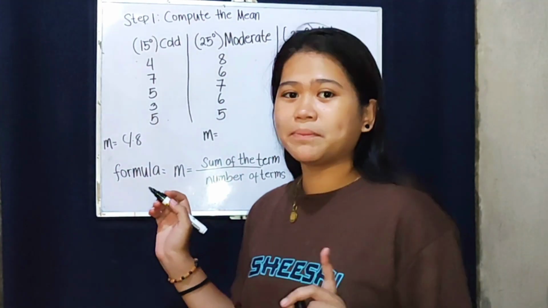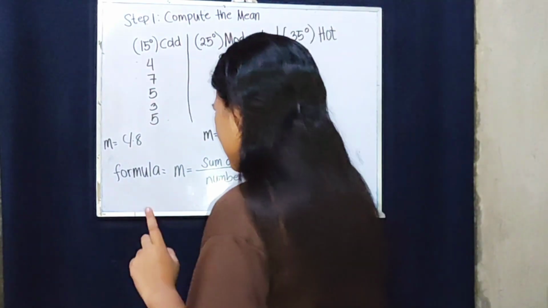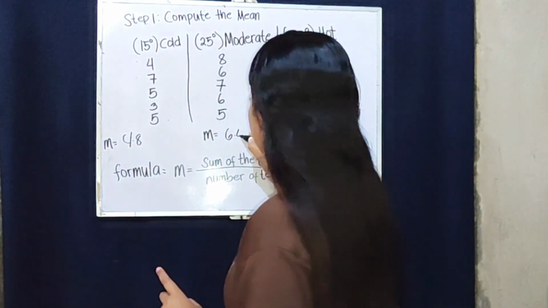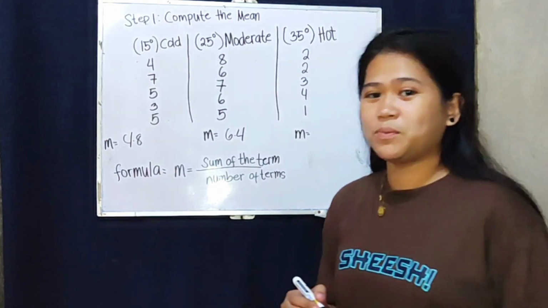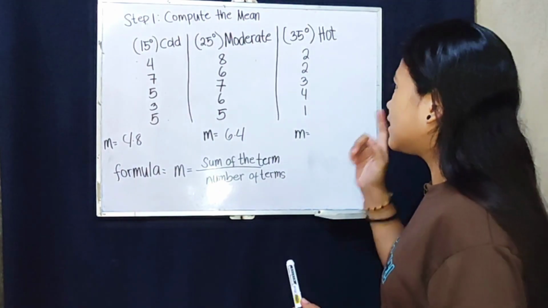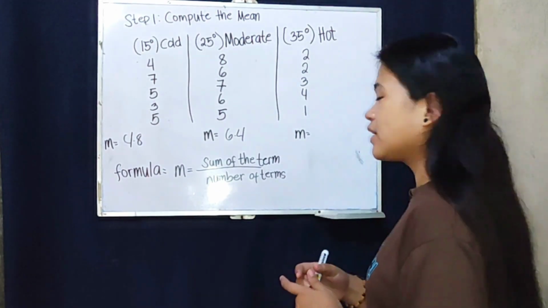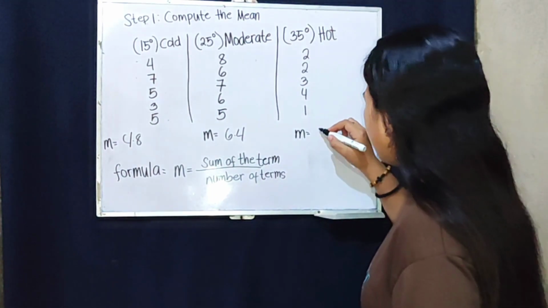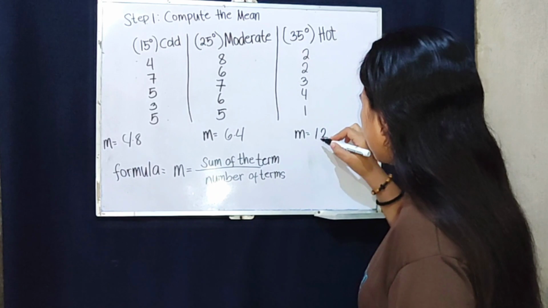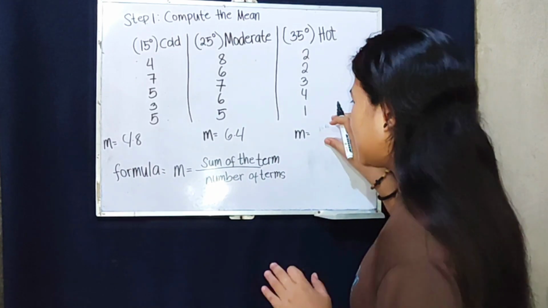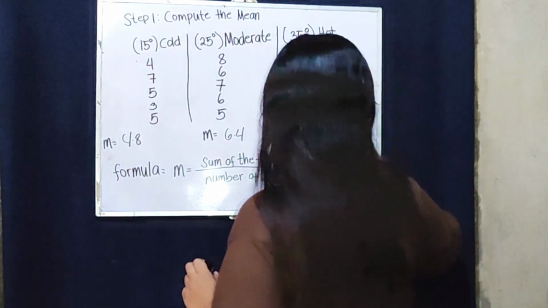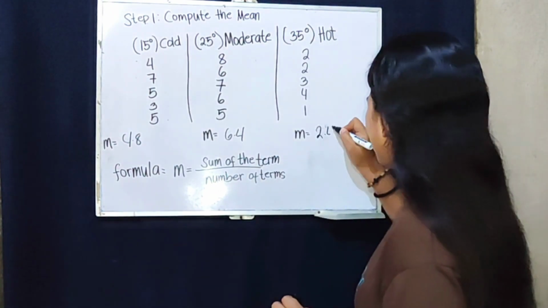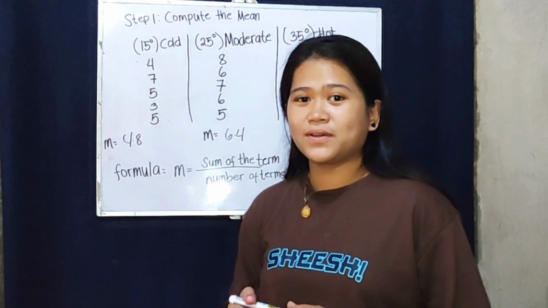So, 32 divided by 5 kay 6.4. Mao gihapon ni ang mean. Then, sa third nga group kay mao lang gihapon ang process kay mean man atong pangita. So 12, then 12 divided by 5 kay 2.4. So mao na ang pagkuha sa mean.